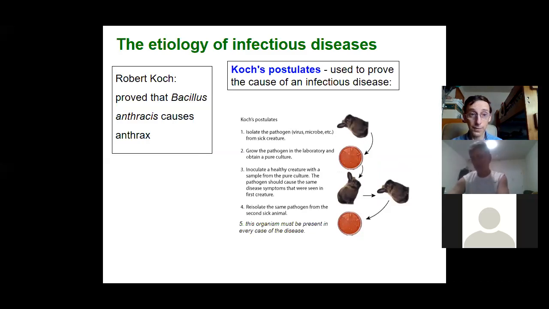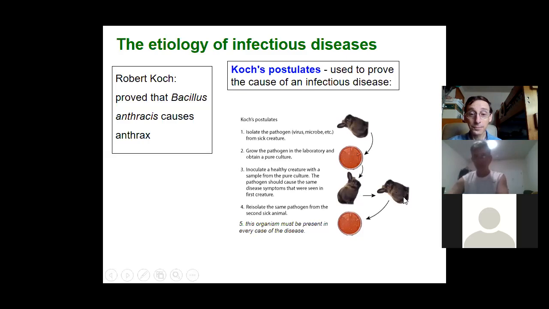And Dr. Koch showed this with Bacillus anthracis, showing that it causes the disease anthrax. When you have a sick organism and you take microbes out of that organism and then grow them up in the lab and isolate them and obtain pure cultures, and if you find one pure culture that when you inject into the organism makes the organism sick, why the bunny is turned on its side here, it's sick now, poor bunny.